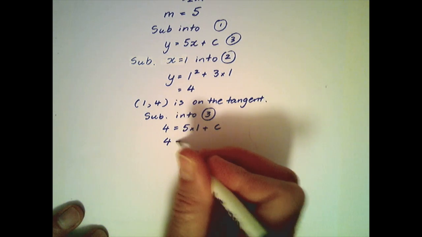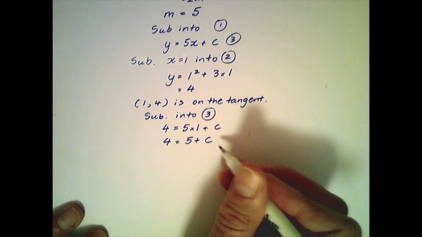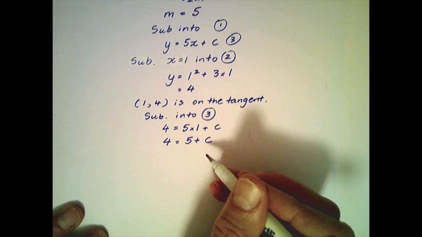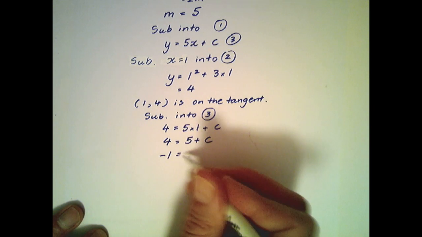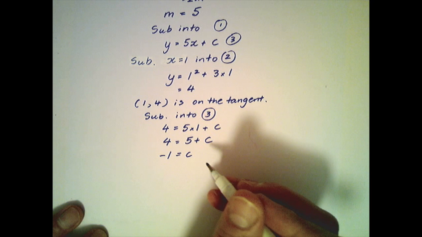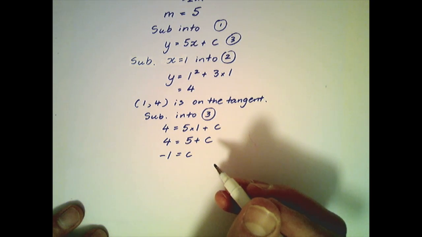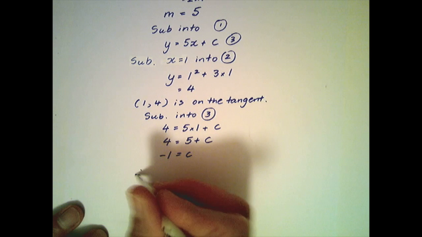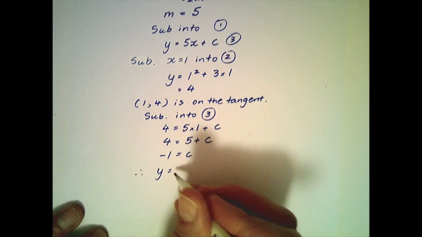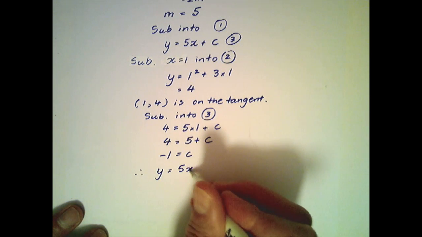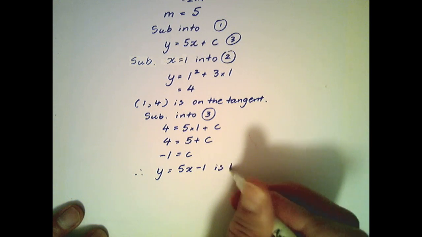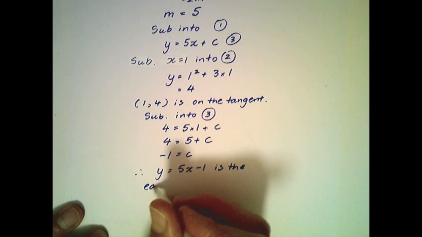If we do that, we get 4 equals 5 plus c. We'll subtract 5 from both sides, and we get negative 1 equals c. So our y-intercept for the equation of the tangent is negative 1. So therefore, y equals 5x minus 1 is the equation for the tangent.